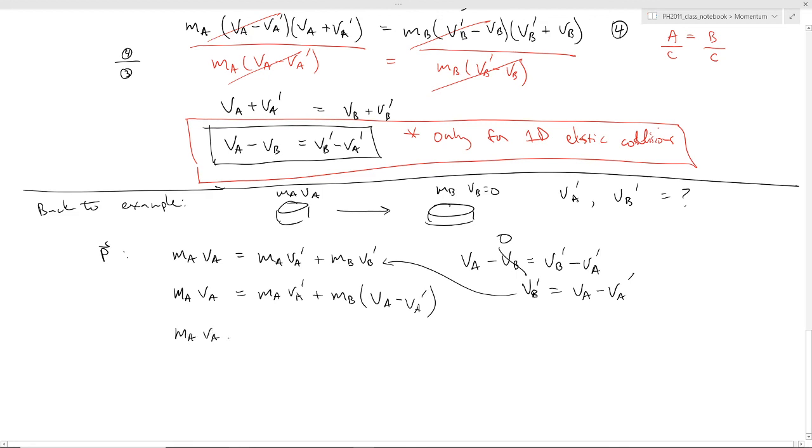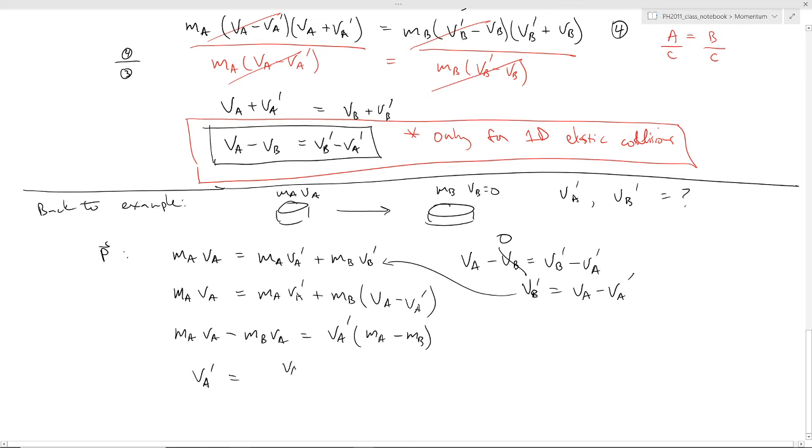MA VA. Notice we'll have a minus MB VA, which is going to equal VA prime times (MA minus MB). Let's factor it out. And then we can solve for VA prime.